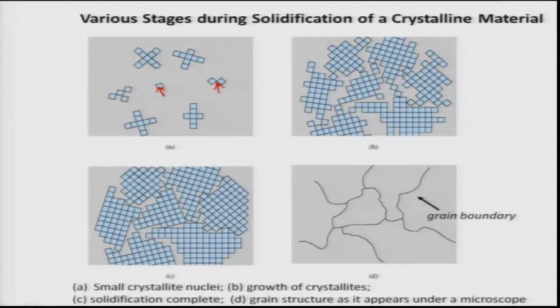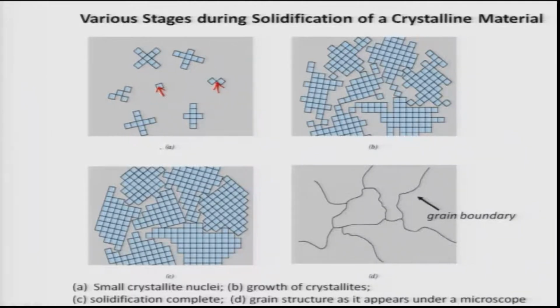A 4 atom cluster or maybe 8 atom cluster or maybe 16 atom clusters will come together and form an embryo. Embryo is the first stage of formation of a nucleus, and then these small pieces, 4 atom things, get added. You can see here 1 2 3 4 added, then some more added, and when the size becomes a critical one, only then will the nucleus form. So, that is the first stage of liquid to solid transformation. In fact, this is the first stage for solid to solid transformation also.